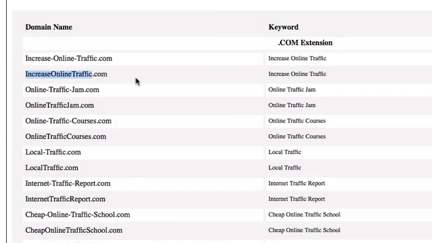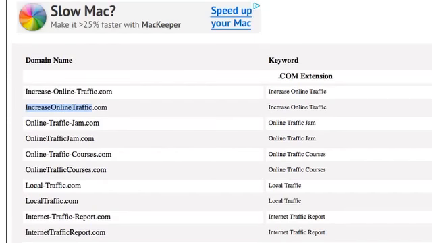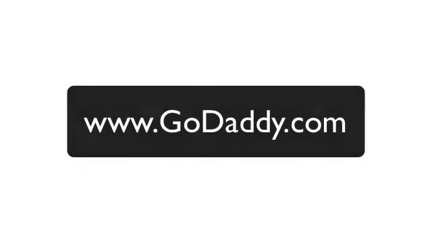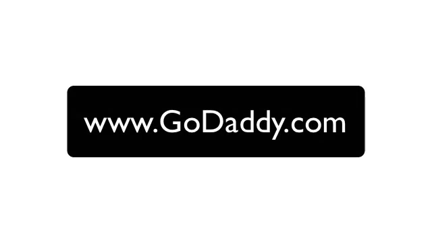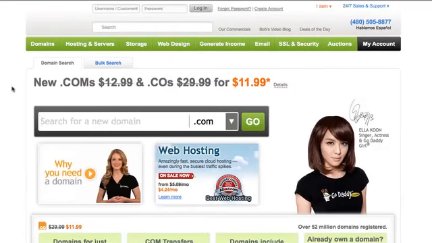So what I will do is play around with it. I will go to GoDaddy.com. I use GoDaddy.com to search if domains are available or not. I will play around with these words and, for example, take traffic and put it at the beginning instead.